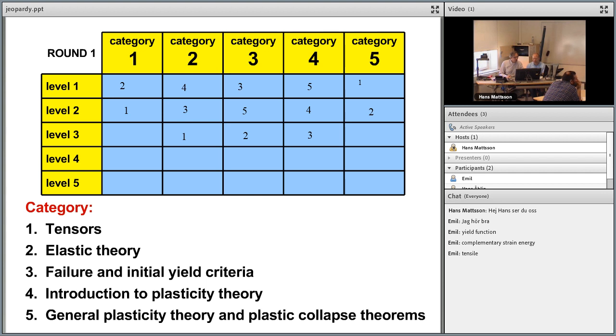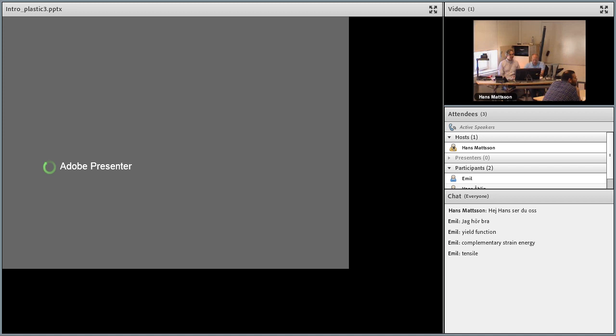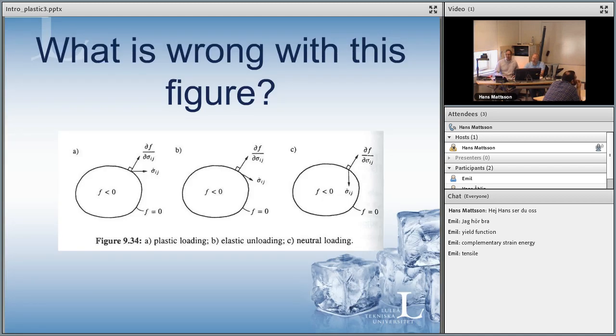This one. Level 3. Okay, here comes the question. What is wrong with this figure? You have an answer, okay?